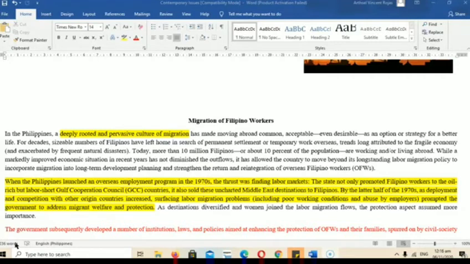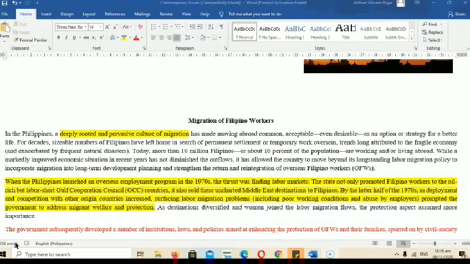During the launch of the employment program in the 1970s, there was also a massive movement to the Middle Eastern countries. Filipinos are working, Filipinos are living in the Middle Eastern countries. For example, Saudi Arabia, Lebanon, Oman, Bahrain, and the UAE or the United Arab Emirates.